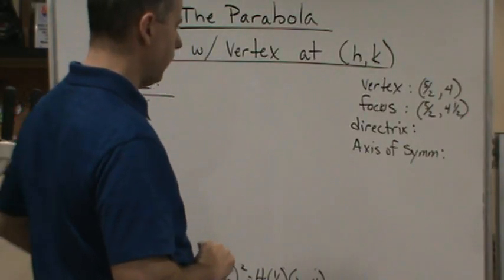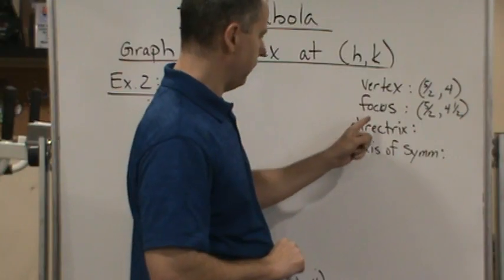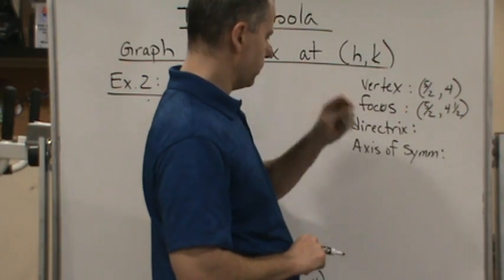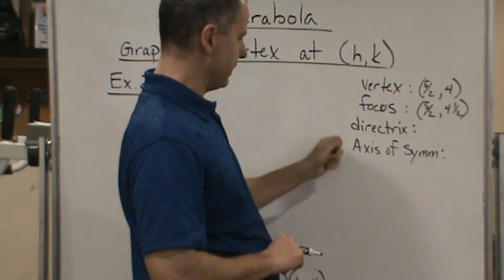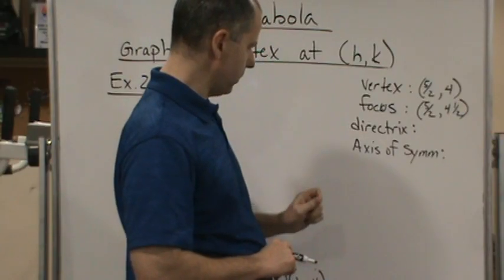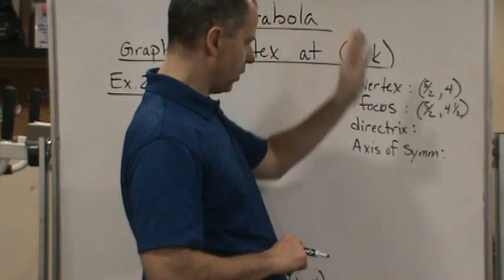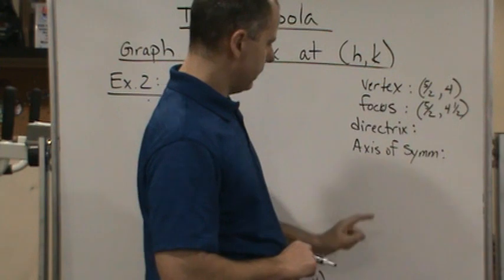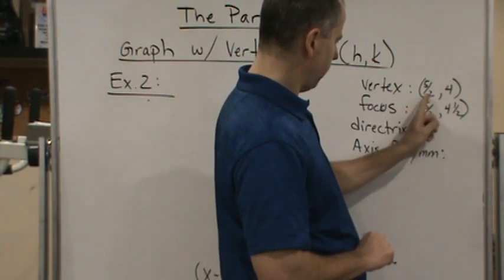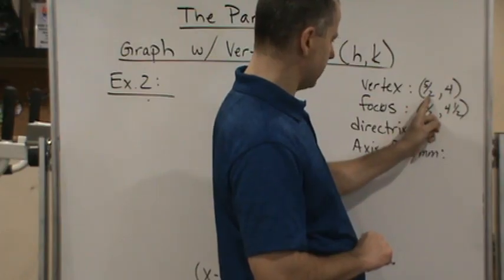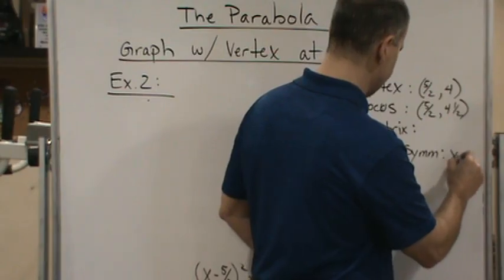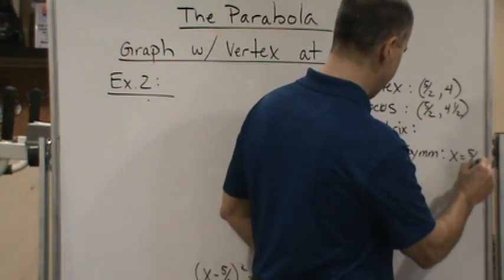The directrix is on the other side of the vertex, and it's perpendicular to the axis of symmetry, and the axis of symmetry goes through the vertex. Since it goes up and down, the axis of symmetry is going to be at x equals 5 halves.